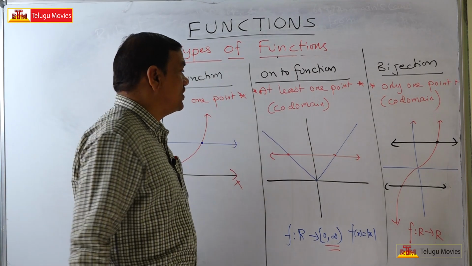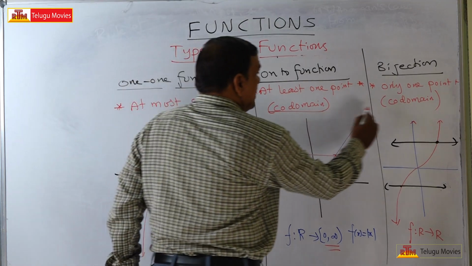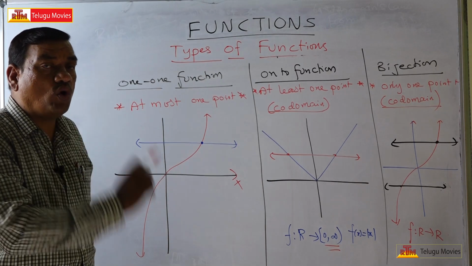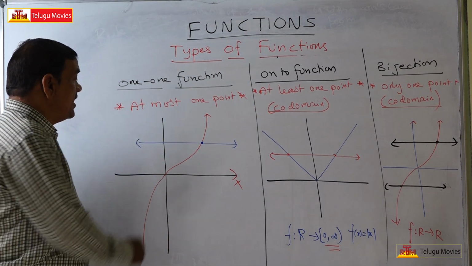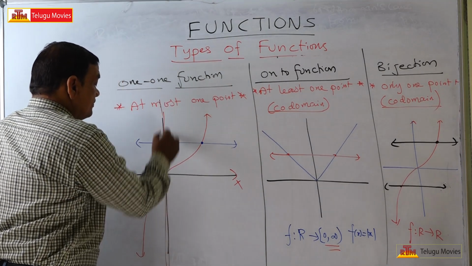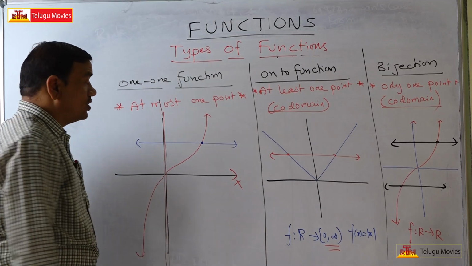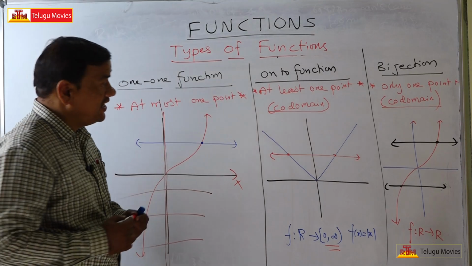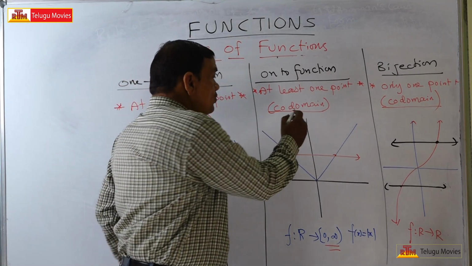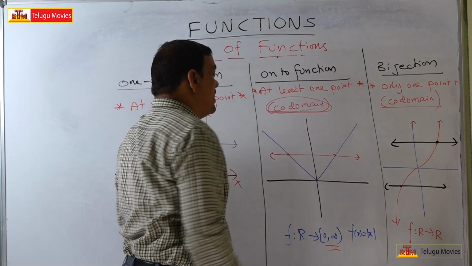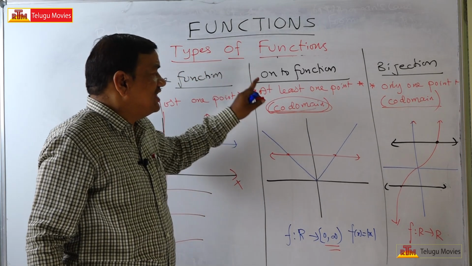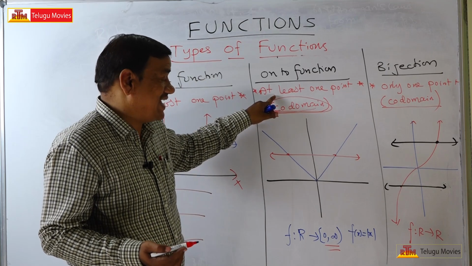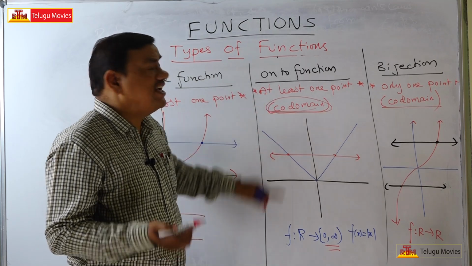Coming to onto function and bijection, you have to take a point from the codomain. Remember that. Anywhere in the codomain you can take. But the thing is, you have to take a point from the codomain, and the horizontal line parallel to x-axis should intersect the graph at at least 1 point.